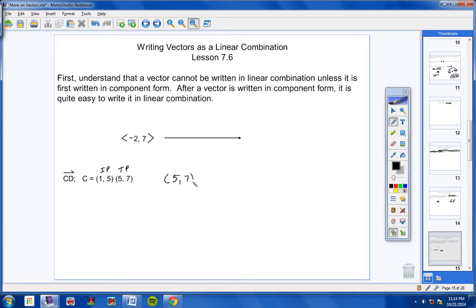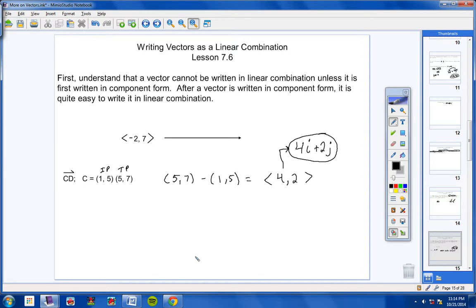So we take our terminal point minus our initial point, and we get this for component form: 4, 2. There we go. So the first thing you do is make sure your vector is written in component form. And once you've done that, it's really easy to write it as a linear combination. 4i plus 2j. There we go.